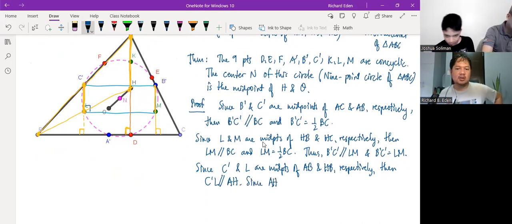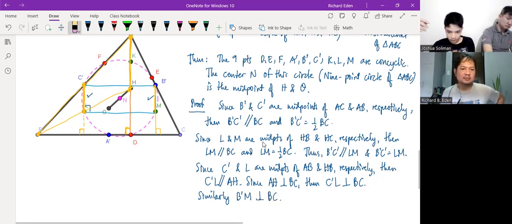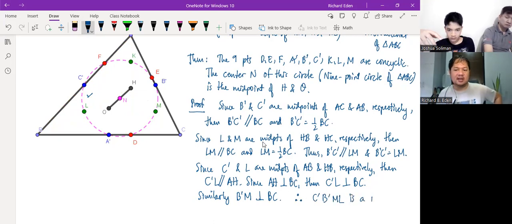Since AH is perpendicular to the base BC, then C prime L is perpendicular to BC. Similarly, B prime M is also perpendicular to BC. And so now we have all the ingredients to conclude that, therefore, C prime B prime ML is a rectangle.